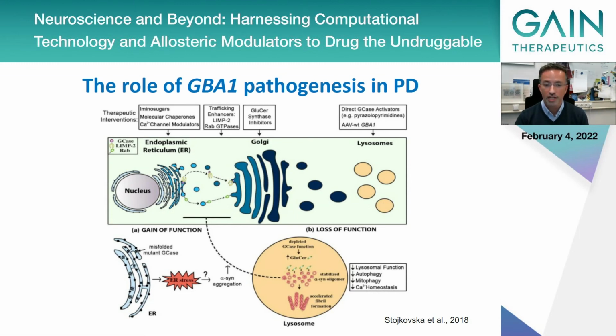But we know that mutations in GCase can cause it to misfold and never reach the end compartment where it needs to go, and the protein can accumulate in the cytosol and lead to different types of stress. And because it will not be properly active in the lysosome, the proteolytic activities will not function properly and will not be able to degrade alpha-synuclein, and this protein can accumulate, thereby perhaps causing disease.